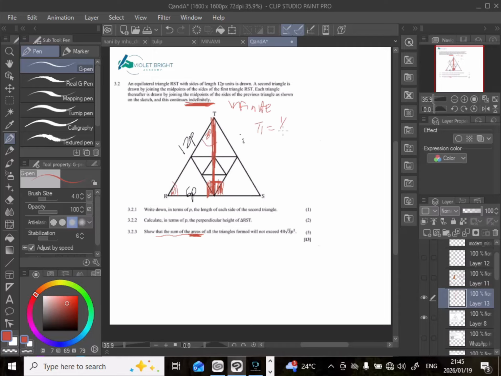So it's half base times perpendicular height. Remember the formula to find an area. Let's focus firstly on the bigger triangle now. I'm just going to shade red here so you can see everything that I'm talking about.